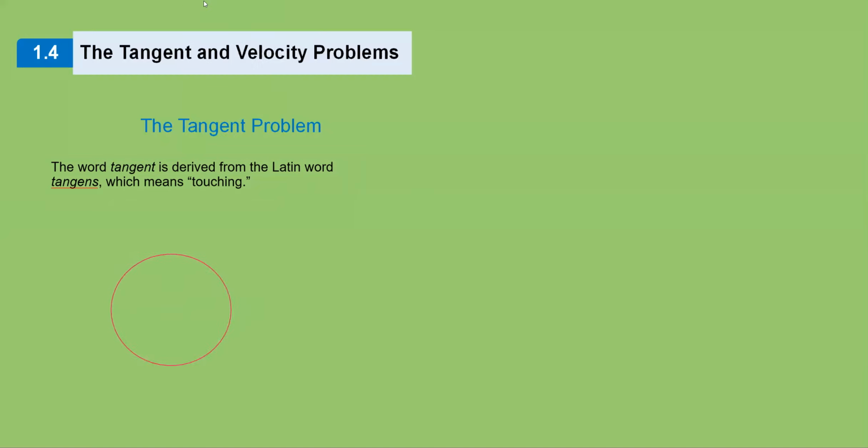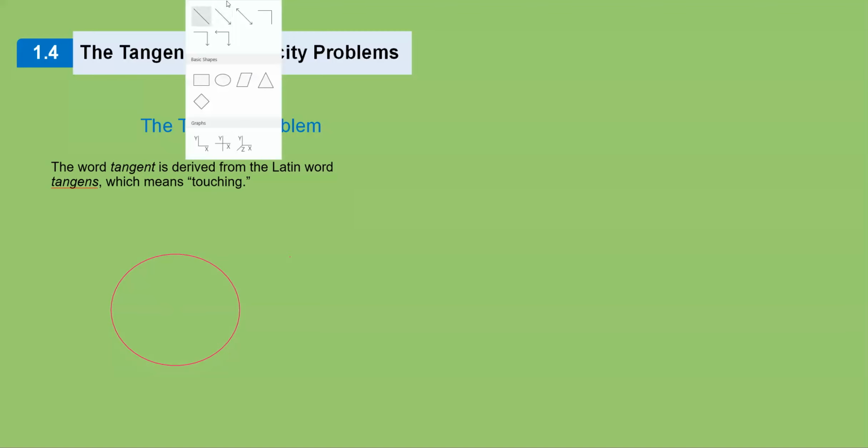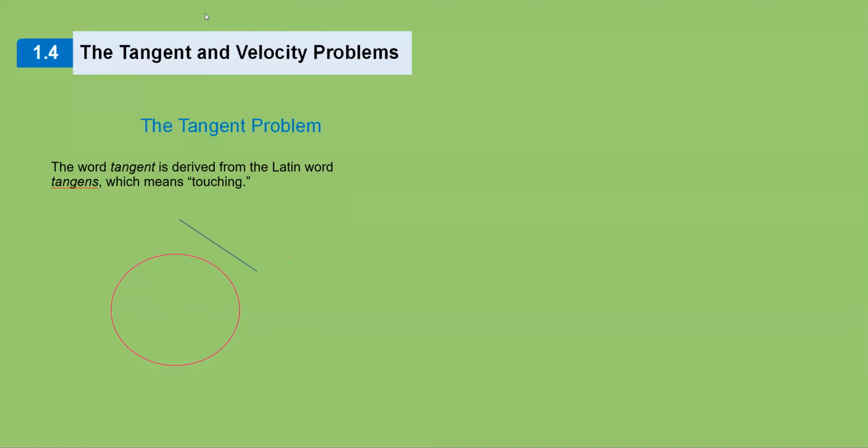So I'm just going to draw a circle like that. And what I'm going to do is introduce a line that basically touches the circle at a singular point. It's hard to get it to touch at exactly one point right here. Let me see if I can do a better job. There you go.